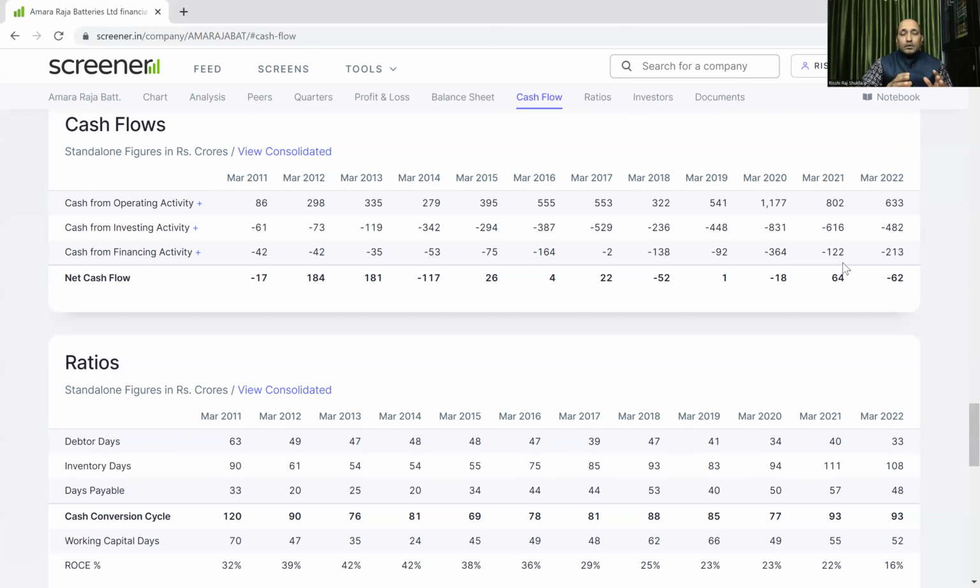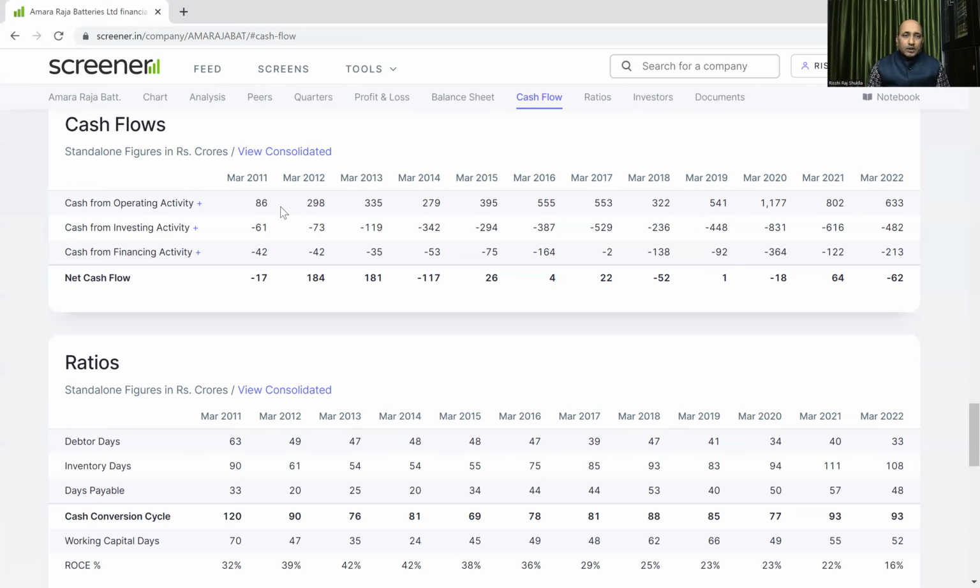So we must stay away from such companies wherever operating cash flow is negative. Here we can see Amara Raja Battery, there is constant positive. So one can definitely think of purchasing Amara Raja shares.